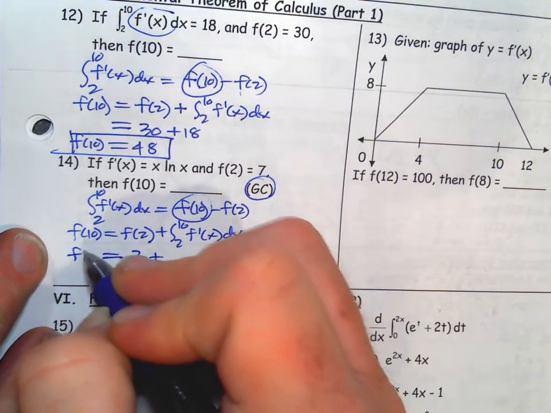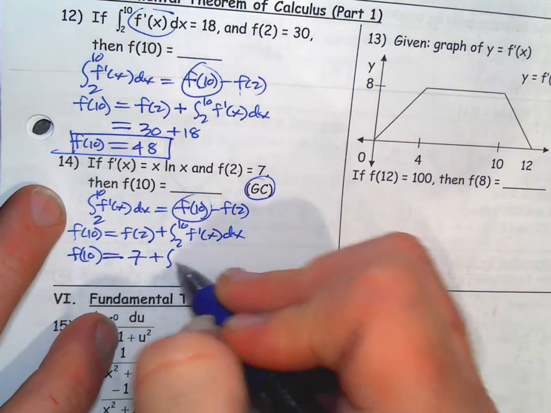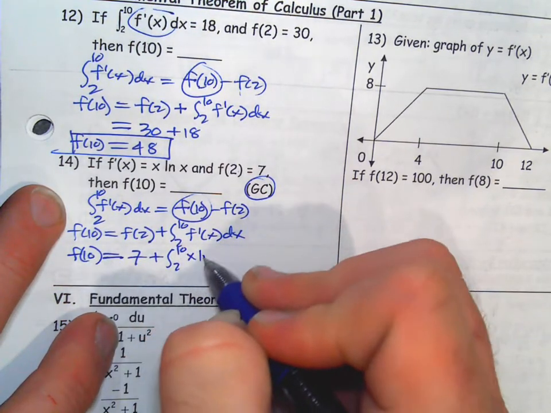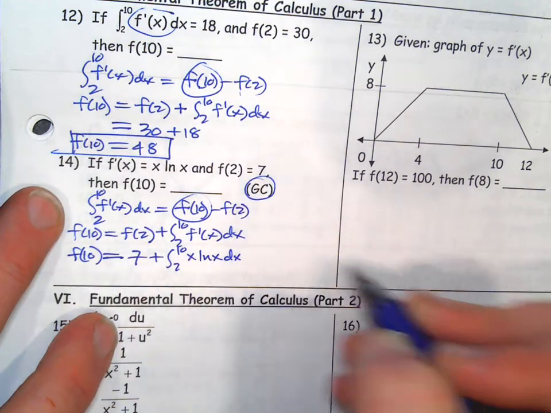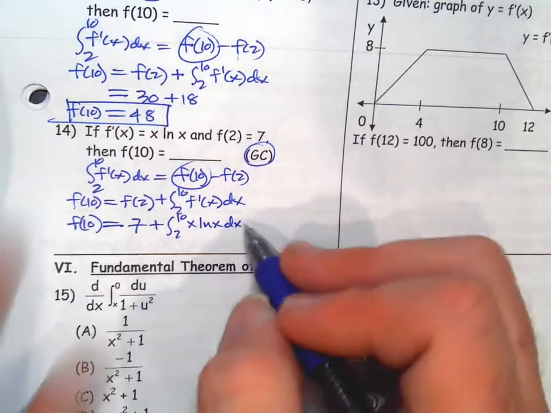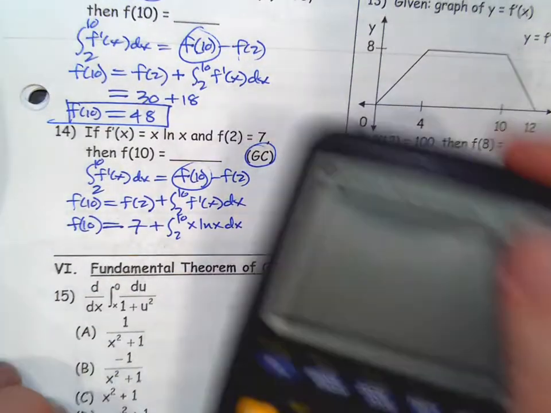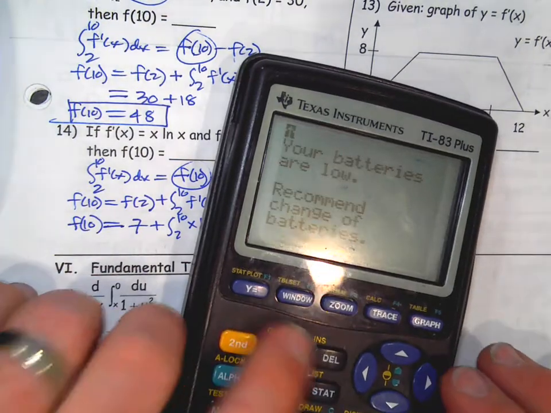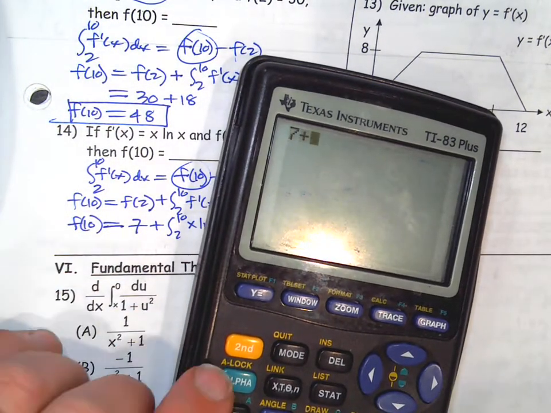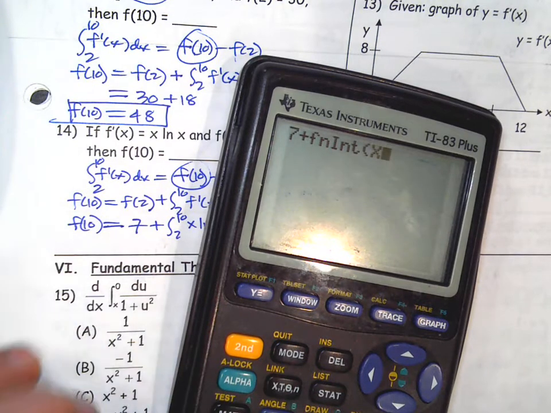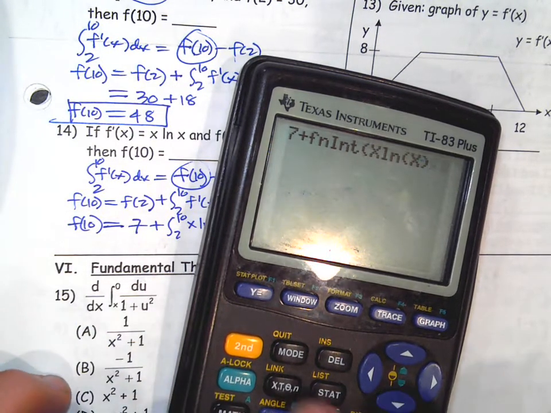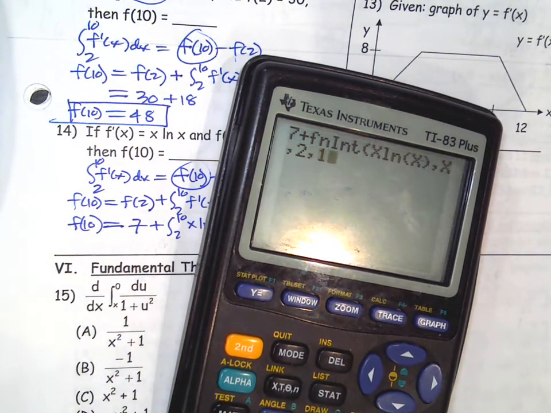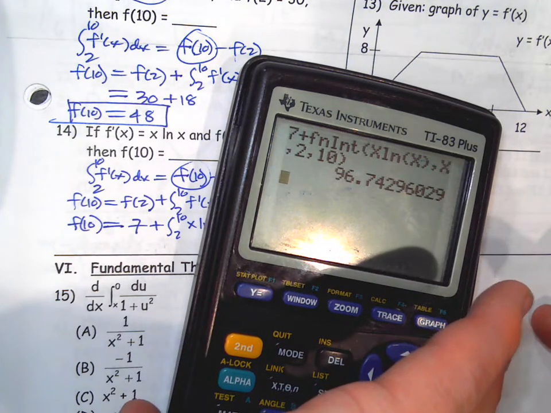Now, this time, we're actually going to integrate a function, x natural log of x. The only problem is that you guys don't know how to integrate this. And even if you did, it's going to be way faster to do it on a graphing calculator. So let's do it on a graphing calculator. It's going to be 7 plus math 9 x natural log x, comma 2, comma 10. It's that quick. Done.